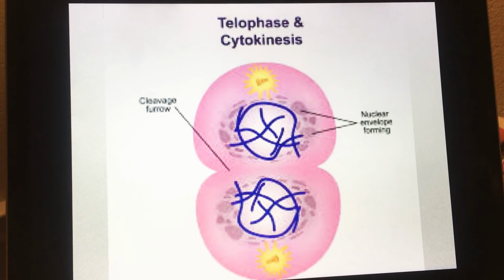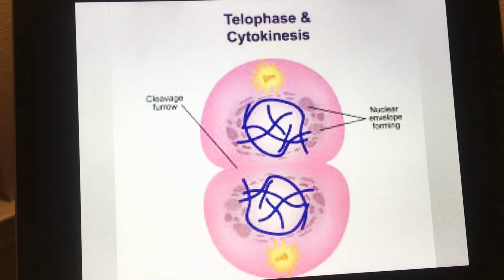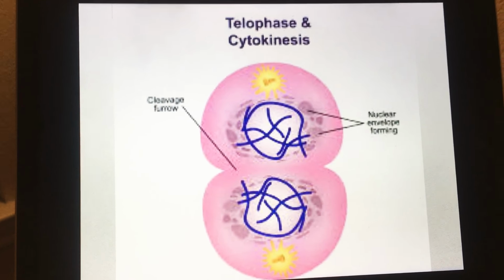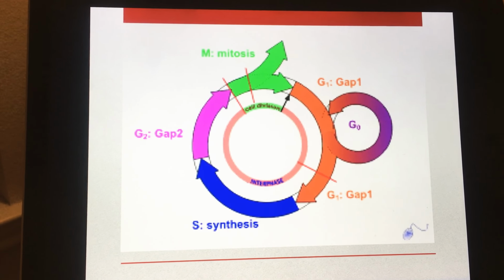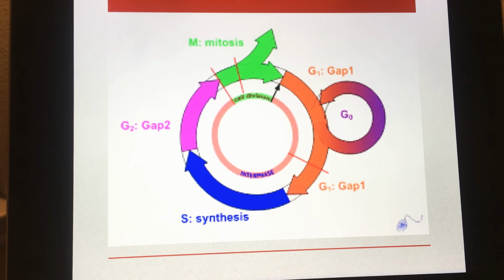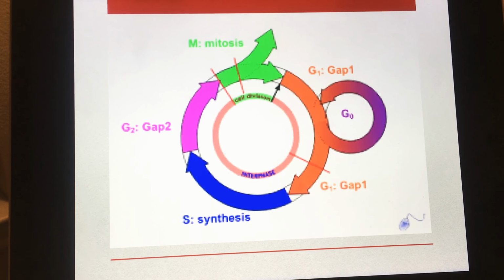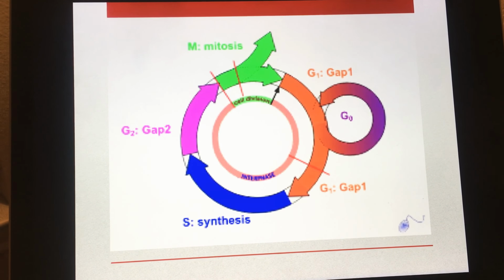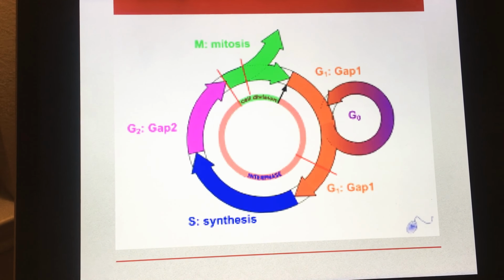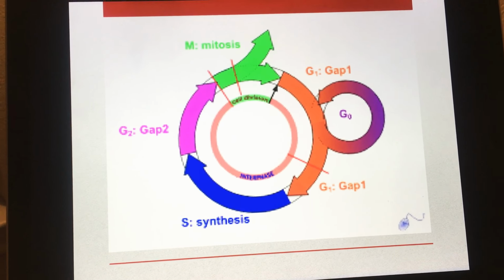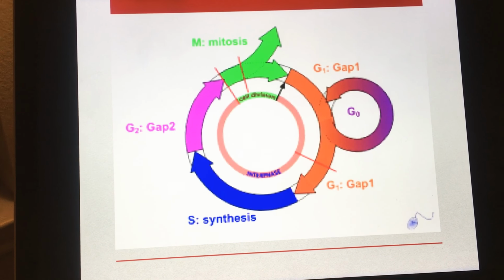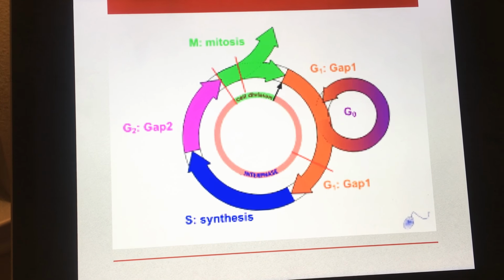To make sure that the process occurs accurately, the cell goes through some checkpoints. The G1/S checkpoint makes sure that the cell cycle continues or stops based on external signals and growth factors. The G2/M checkpoint makes sure that cells that have completed all three phases of interphase are allowed to begin mitosis.